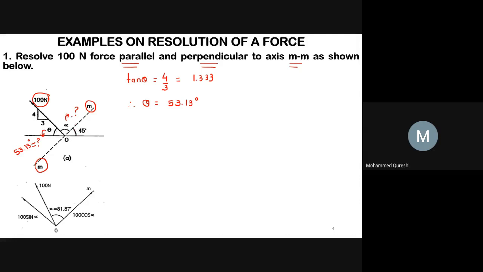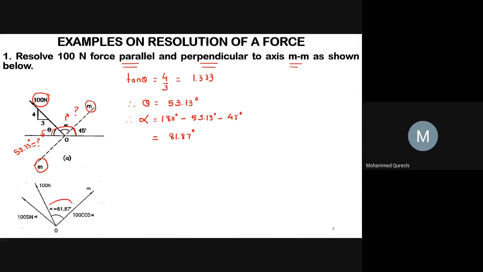So the only unknown value is alpha, which we may calculate easily. Alpha equals 180 degrees minus 53.13 degrees minus 45 degrees, which equals 81.87 degrees.